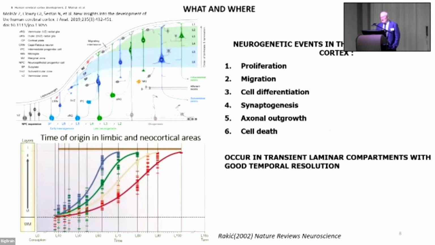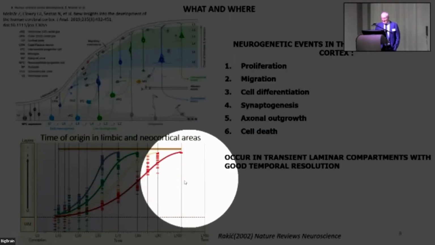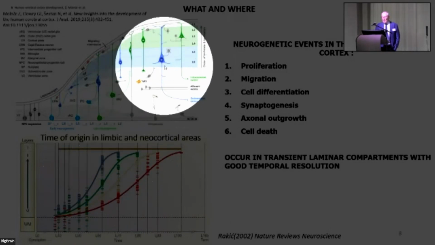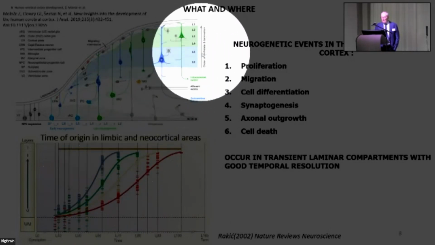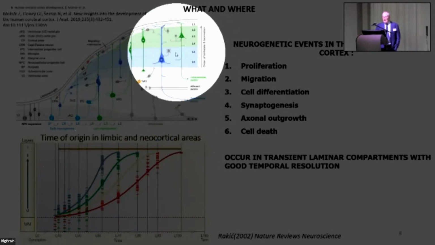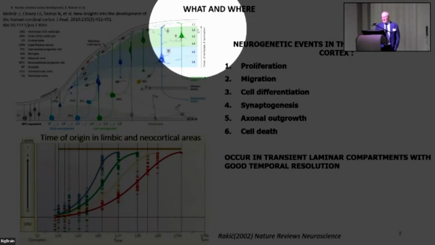I was asked by Catherine to pay a little more attention to the transient compartments of the cerebral wall in the developing mammalian brain. I will talk only about human, but I will use evidence that the oldest neurons are born early and occupy deep layers, and the youngest neurons finish in the superficial associative layers.